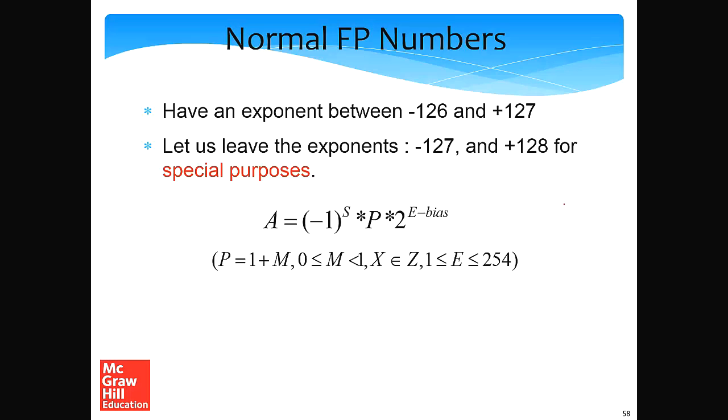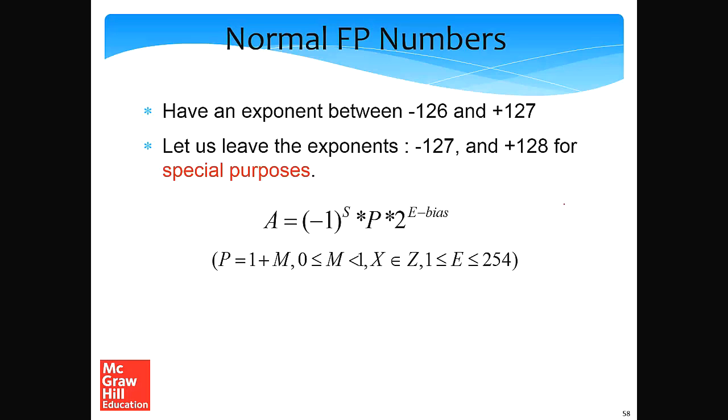In this case, the 754 standard has been made to represent floating point numbers in binary. So normal binary numbers have an exponent between minus 126 and plus 127. The other exponents which can be represented, minus 127 and plus 128, are reserved for special purposes, which we will discuss later.